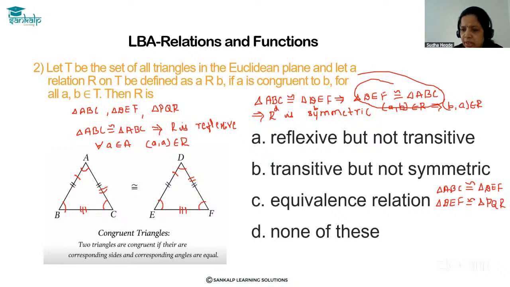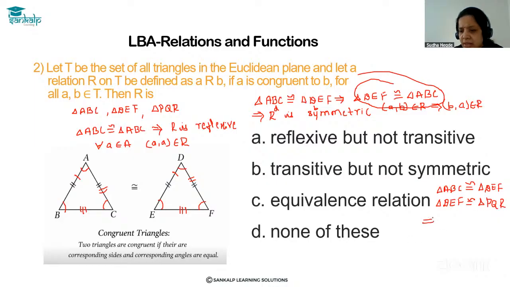So the corresponding sides and angles of ABC are equal to those of DEF, and the corresponding sides and angles of DEF are equal to those of PQR.